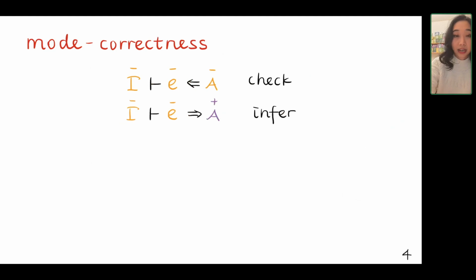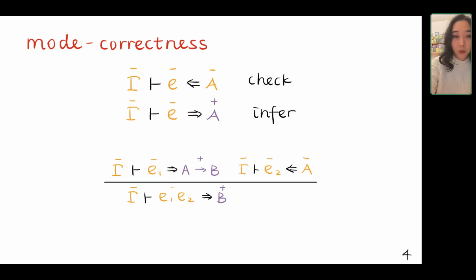Let's actually have a look at an example. This is a rule for function application. To check that this rule is mode correct, our starting information would be the inputs to the conclusion. Think of this again as running bottom up, and this is like your goal. So that's your starting information.